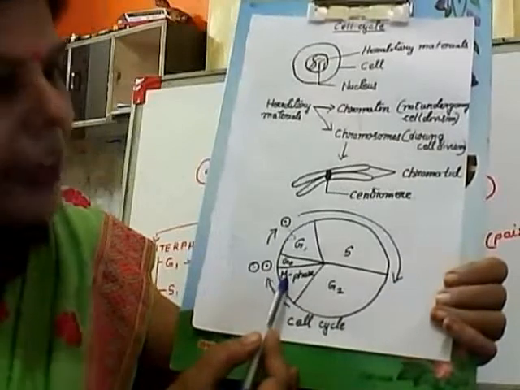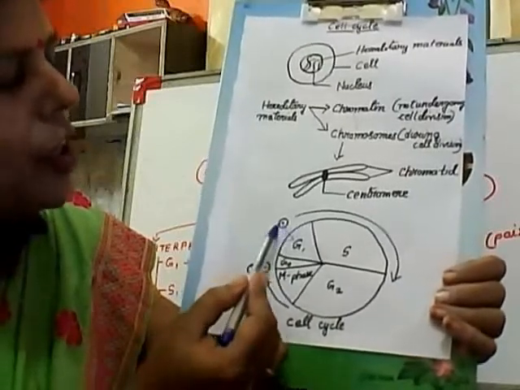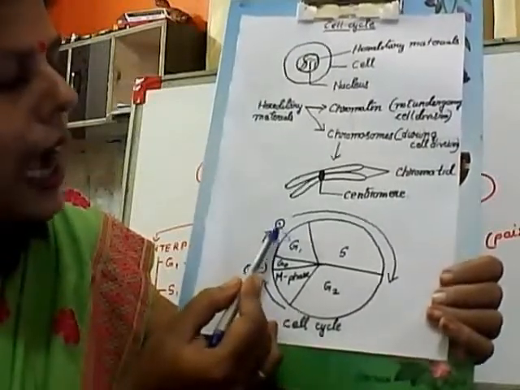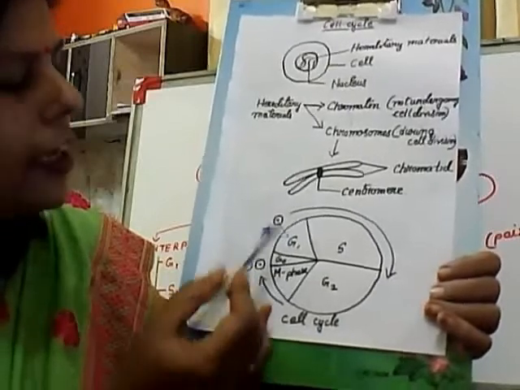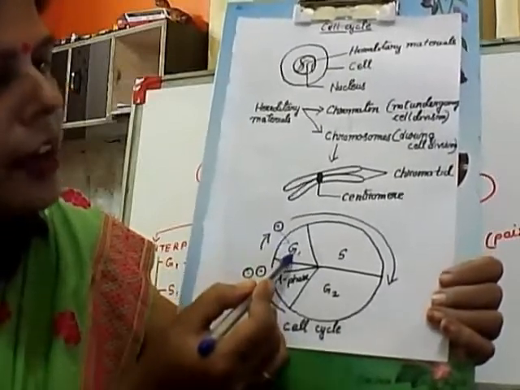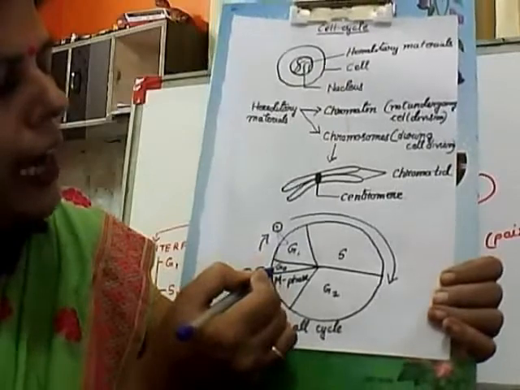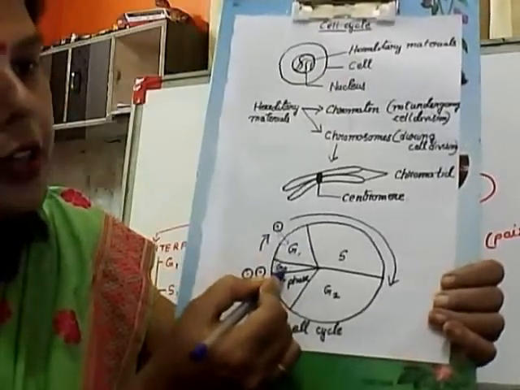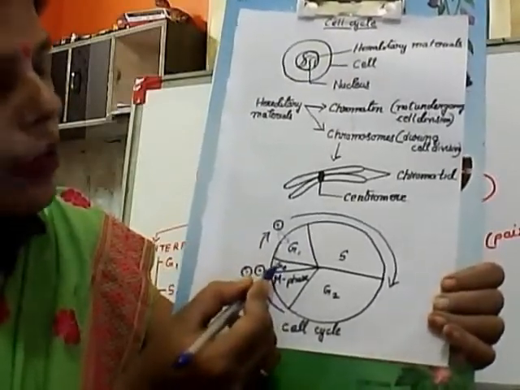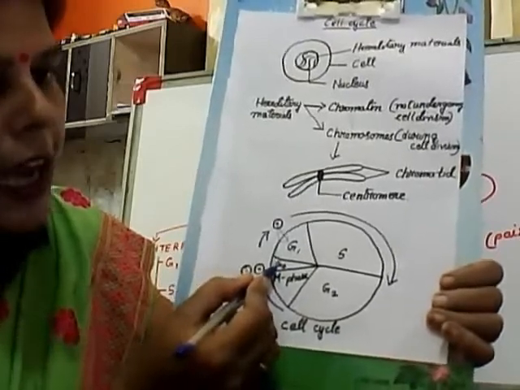But by chance, the cell which is formed may not undergo cell division. In that case, instead of entering G1 phase, it will enter into G0 phase, and in G0 phase it will remain. And here what happened?